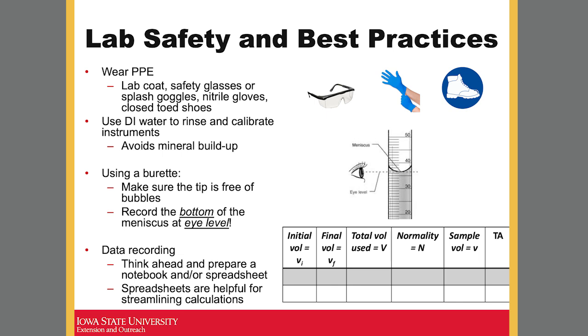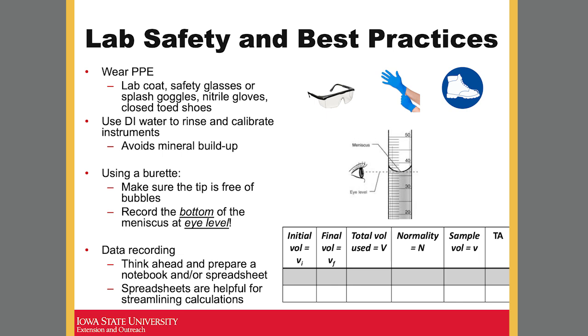You will write the normality, which is the strength of the sodium hydroxide we're going to use, and also the volume of your sample, so the volume of your grape juice. And then in another column, you will calculate the titratable acidity. So be ready with a piece of paper.